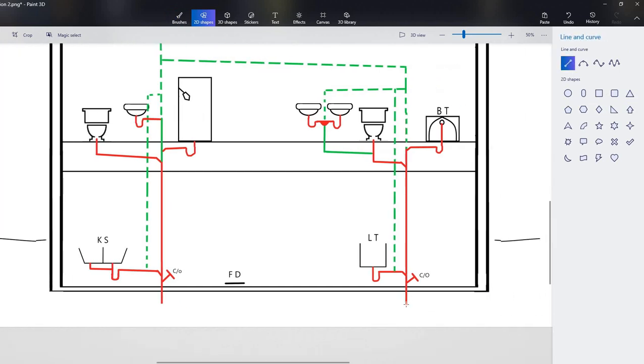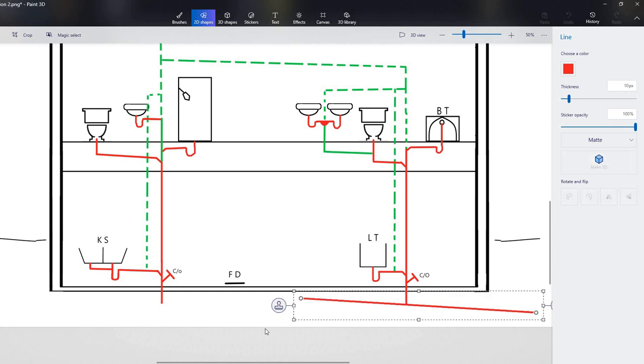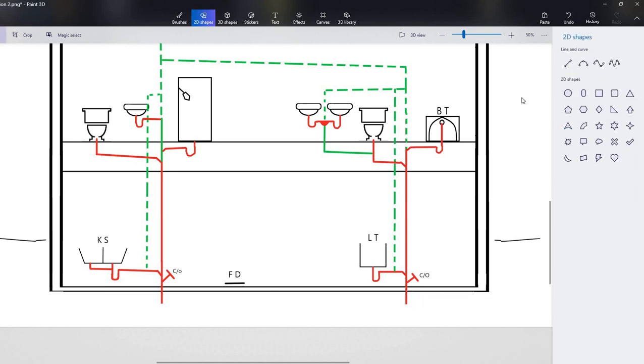So we're going to bring it across with slope down like so. Make that red. And I'm going to bring it all the way across to here.